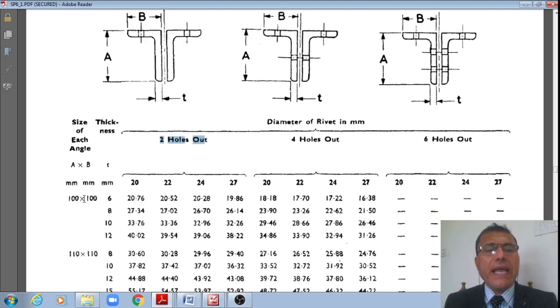Therefore, each of these angle sizes A by B is given, 100 by 100 with a thickness of 6 mm. Therefore, that is an ISA 100 by 100 by 6 mm.